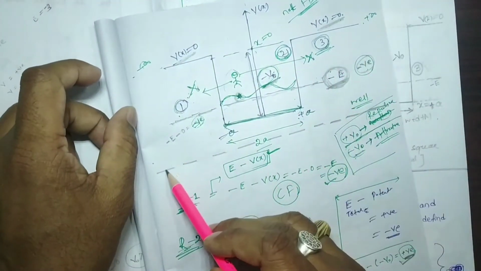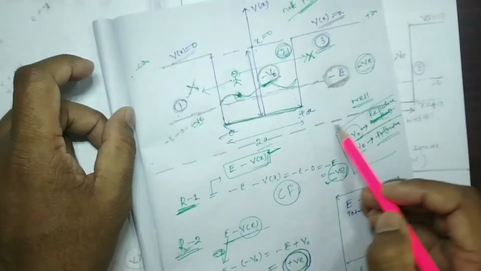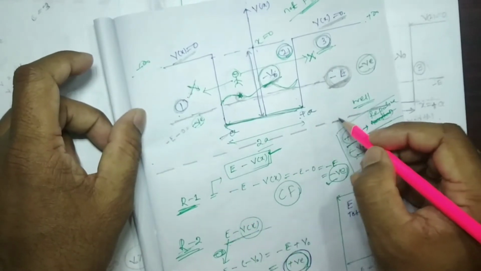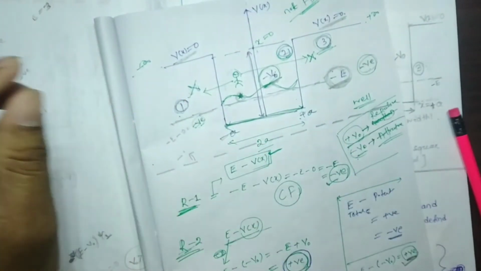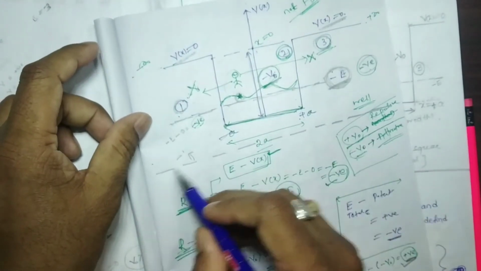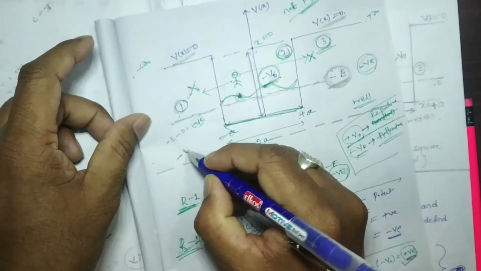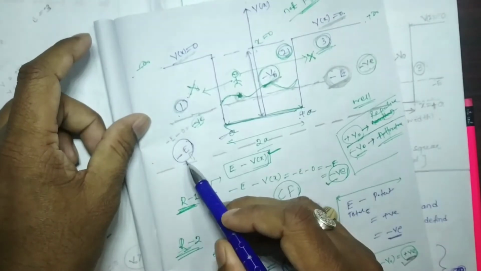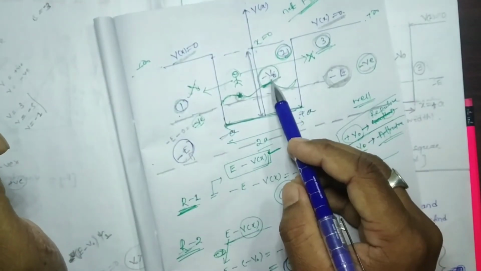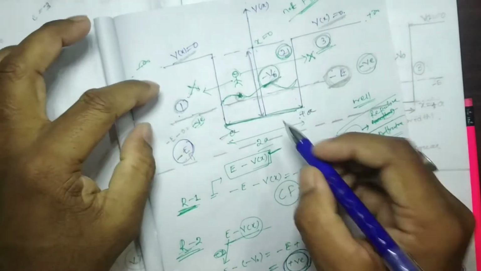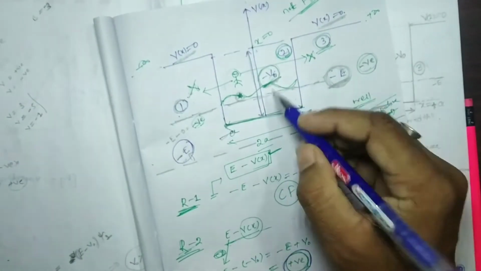But if we consider the energy is here, this total energy is negative, and this total energy is less than that of this V0.